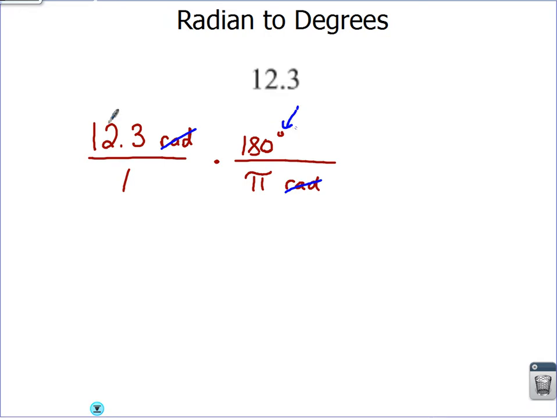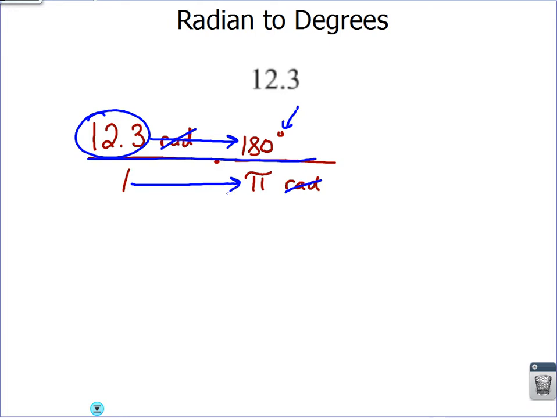I take 12.3, multiply it times 180. On bottom, I take 1, multiply it by 3.14159. Not 180 degrees. If you multiply 1 times 180, you're going to end up with the exact same thing. But on top, 12.3 times 180. On bottom, 1 times pi, and then divide the two.